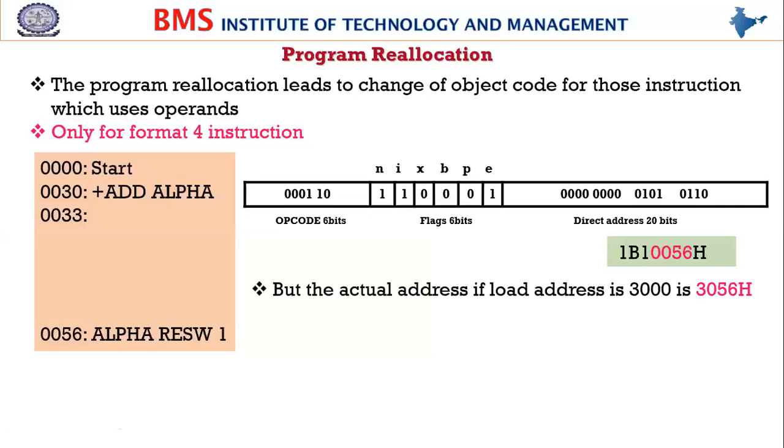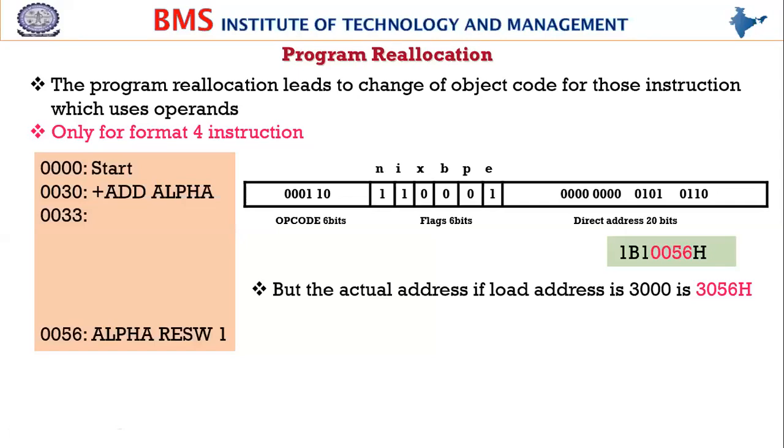Then the next 4-bit zeros give a 0, the next 4-bit zeros give a 0, the next 0101 gives you a 5, and 0110 gives you a 6. Actually, the address is 0056 relative, not absolute.